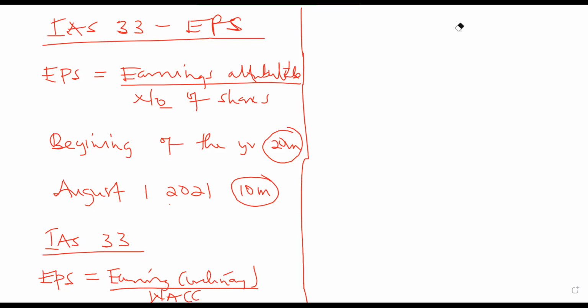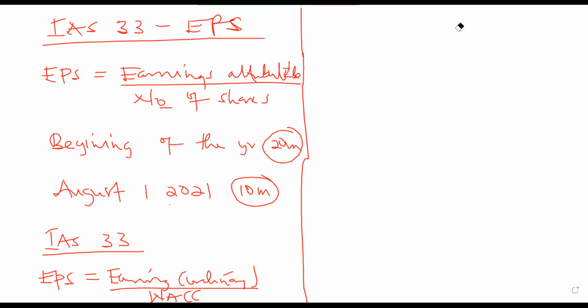If the shares are there at the beginning of the year, they will have a full year impact on the profits because you'll be using the shares for the full year. But if you are issuing the shares at the start of September, that will have only 4 months impact on the profit. So what portion of the shares is the company using to generate that particular profit? That is what we call the WACC.